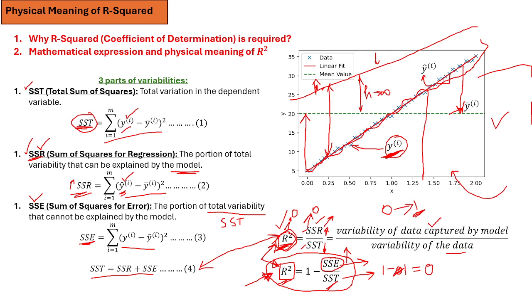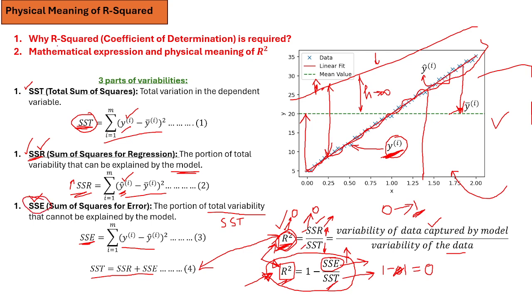So to summarize, R squared is nothing but a measure of how good our fit is. In more detail, how well our prediction line has been able to capture the variability of the actual data set. If it is able to capture 100% of the variability of the data set, there will be minimal error, and the value of SSE would be close to 0.